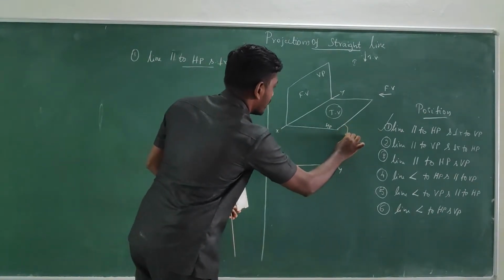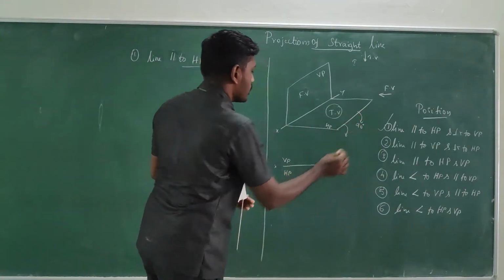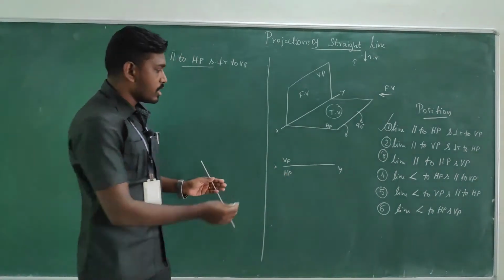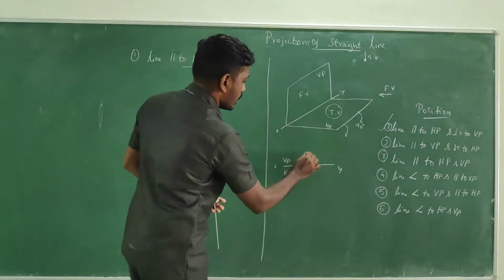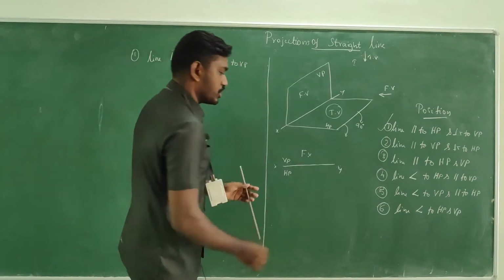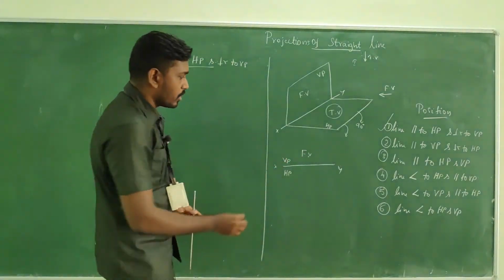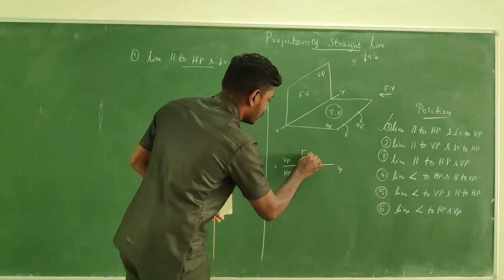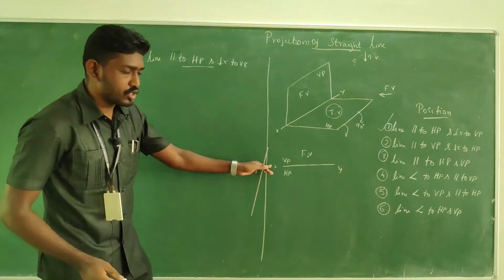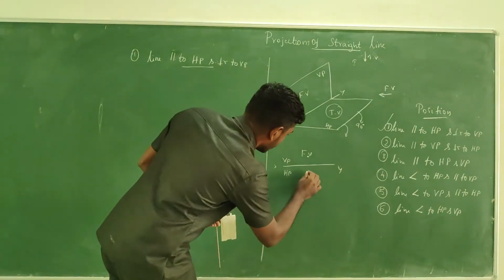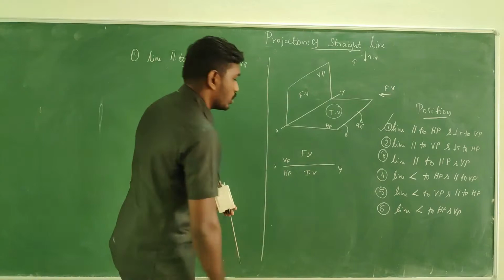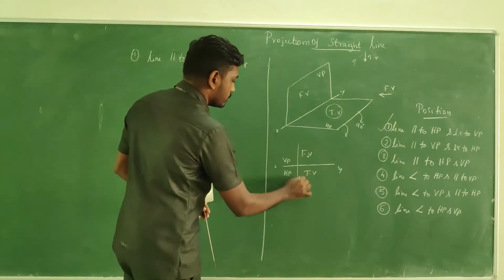When we rotate by 90 degrees, this is what happens. Above the reference line, the front view will be captured, and below the reference line, we capture the top view. This is a notable point.